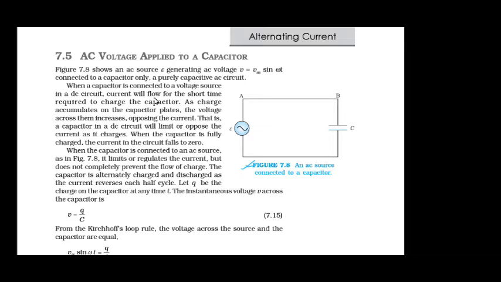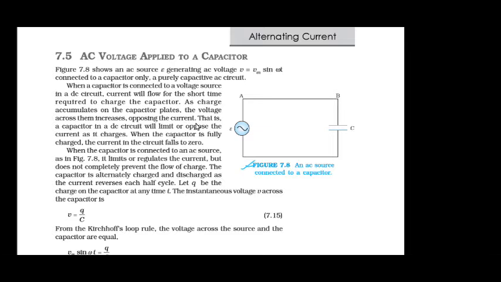When a capacitor is connected to a voltage source in a DC circuit, current will flow for the short time required to charge the capacitor. As charge accumulates on the capacitor plates, the voltage across them increases, opposing the current.